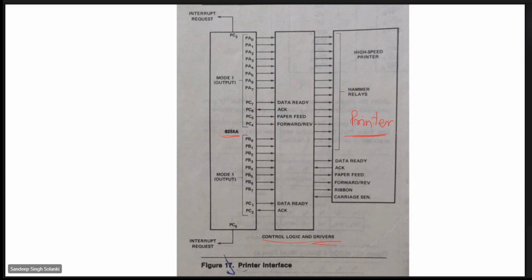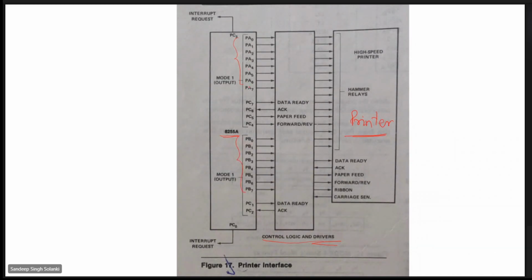What is our idea? Our idea is to print data with the use of a printer. So for printing the data, you are sending 16 bits of data, 8 bits and then 8 bits.